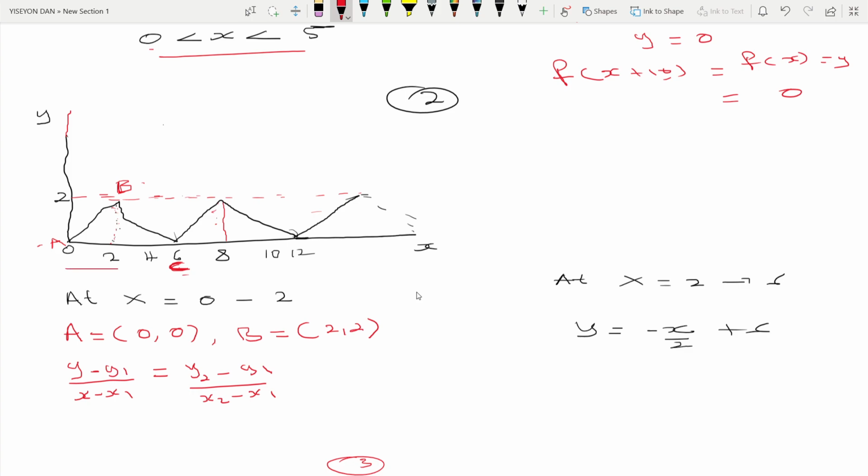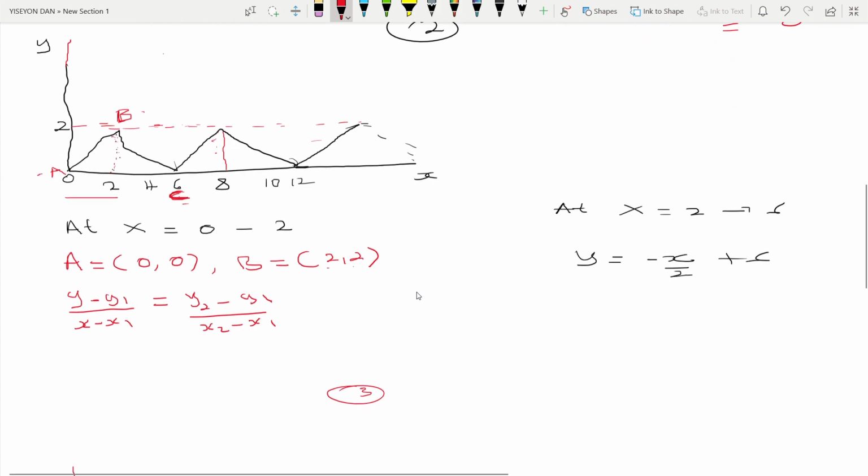The point A is the origin, so the origin for x and for y is 0, 0. The point B is at 2, 2. So to determine the equation of the line at AB, we use (y minus y1) over (x minus x1) equals (y2 minus y1) over (x2 minus x1).